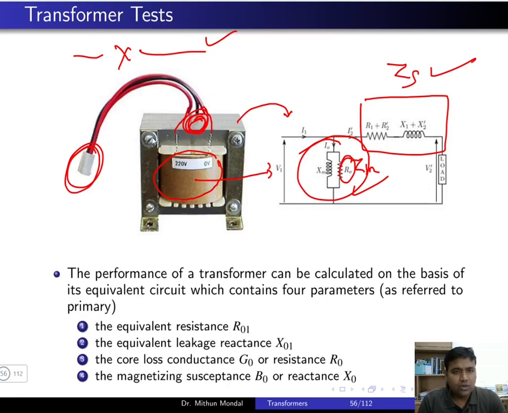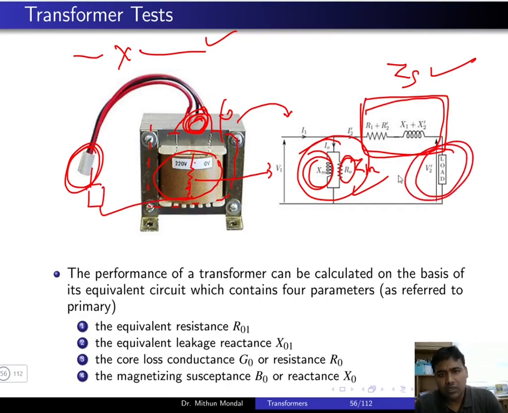This core will establish the flux, which you represent with XM, and the winding is represented with the resistance and the reactance, R and X. And if you connect any load here, basically a load on the secondary side of the transformer, we have to obtain these equivalent circuit parameters by doing certain tests that we are going to discuss in the next class.